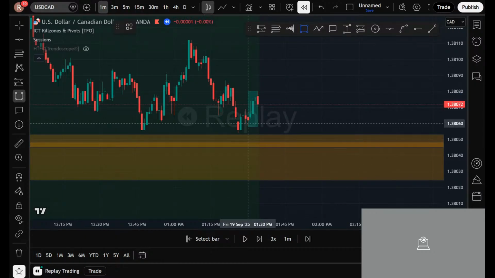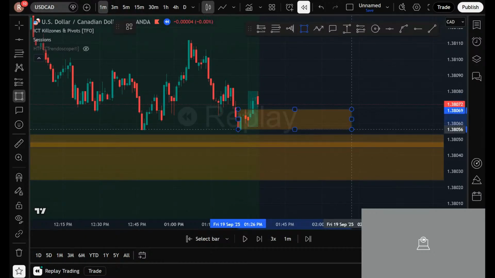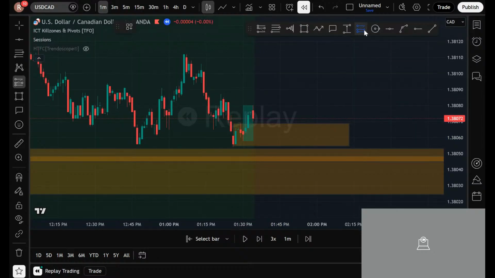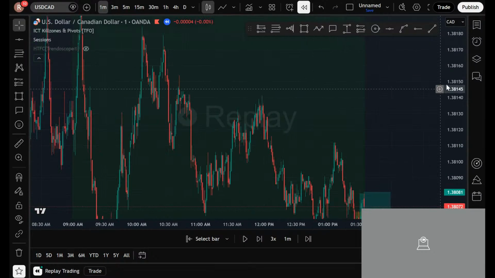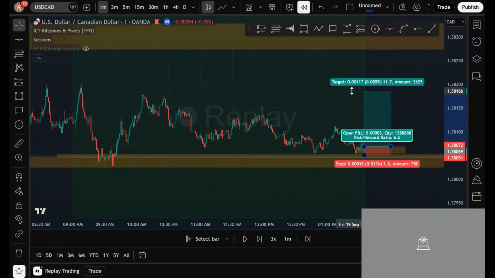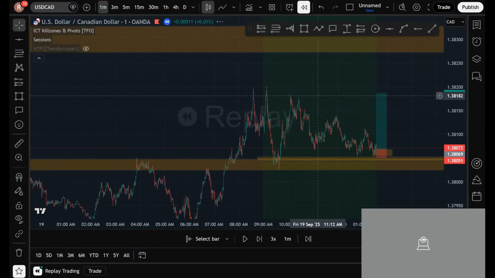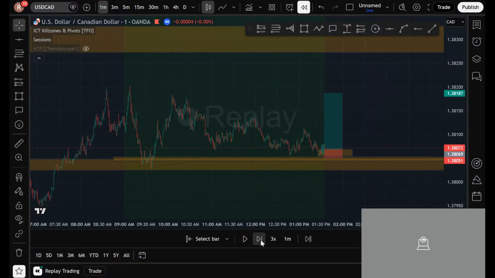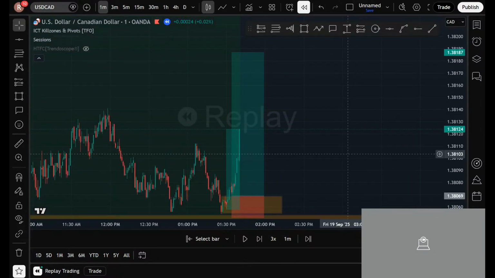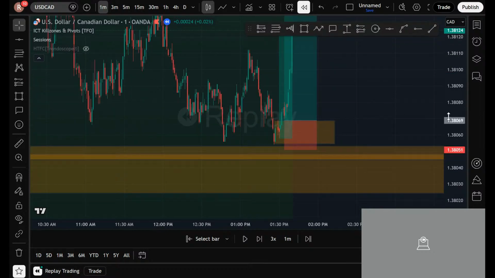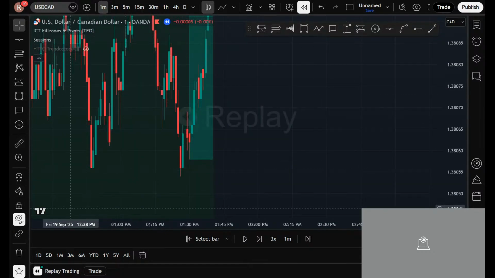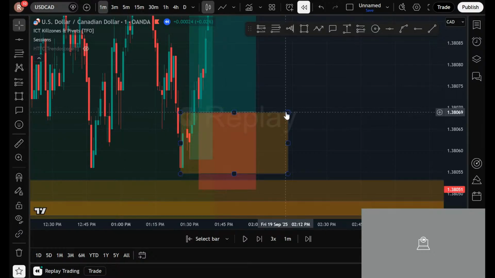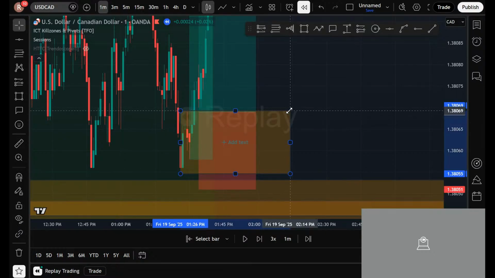This is the order flow where I can buy, to this point, to this point. So look how precisely the market tapped here.